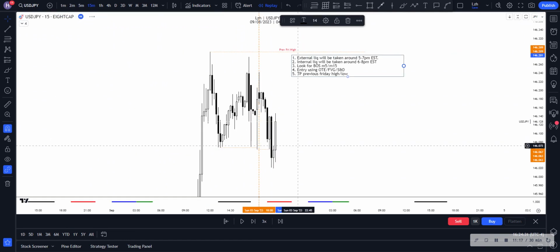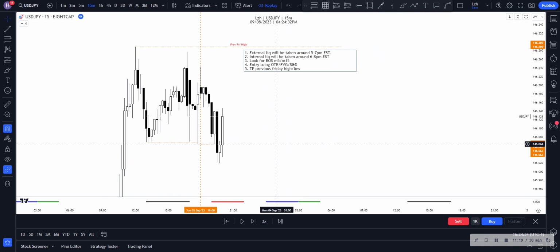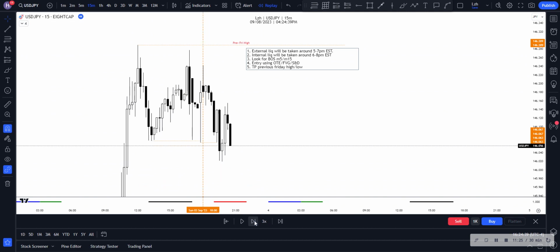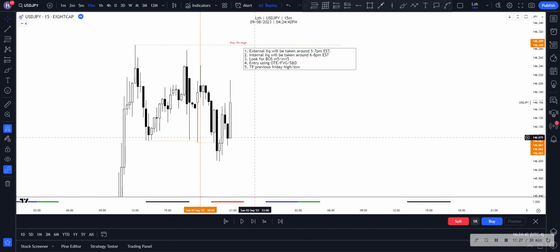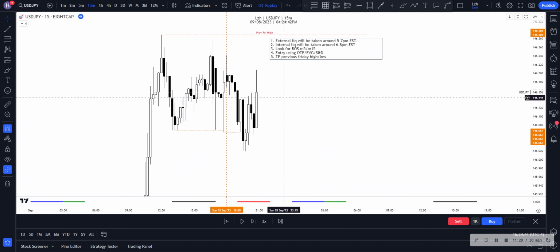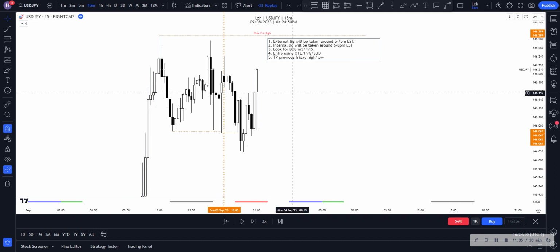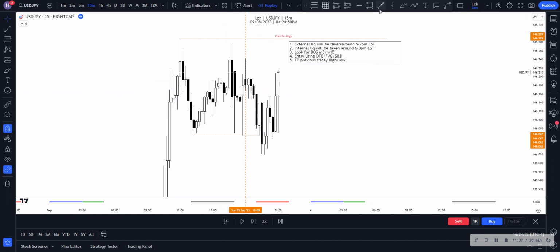If I switch back to M15, and there you go. As you can see, price is actually making a higher high internally.